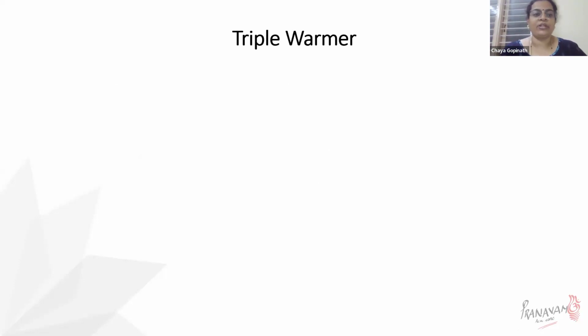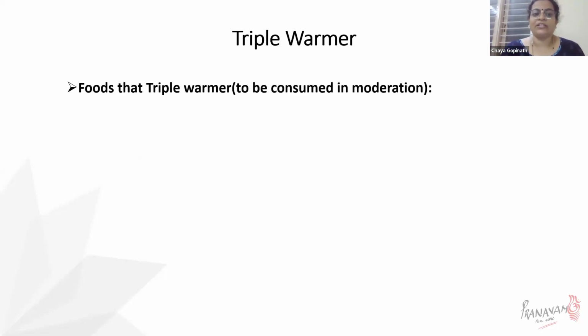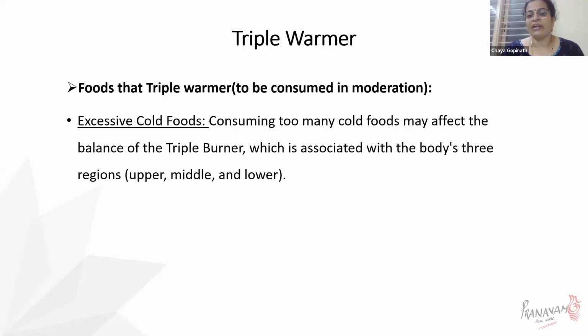Coming to the triple warmer, excessive cold food is very bad for triple warmer. We know the triple warmer consists of upper warmer, middle warmer, and lower warmer. So having all 3 different warmer kinds of foods, based on what organ comes in what warmer, is the best thing that you can do for your triple warmer.